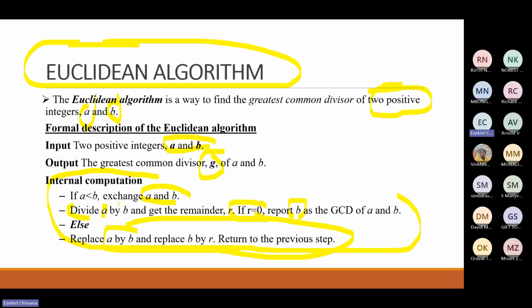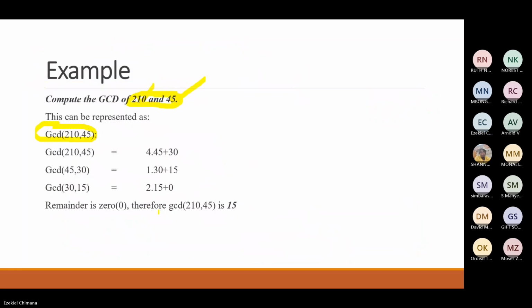Then the next step, you need to divide A by B and get the remainder R. So you need to divide 210 by 45, and 210 divided by 45 is 4.